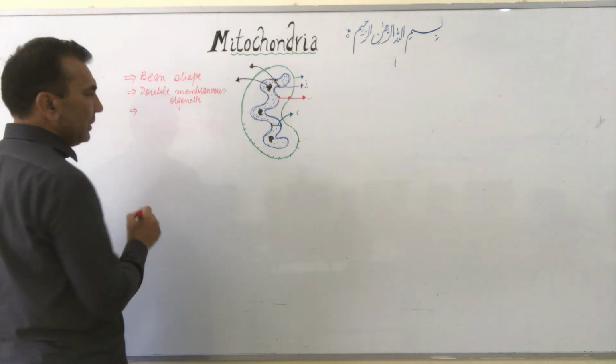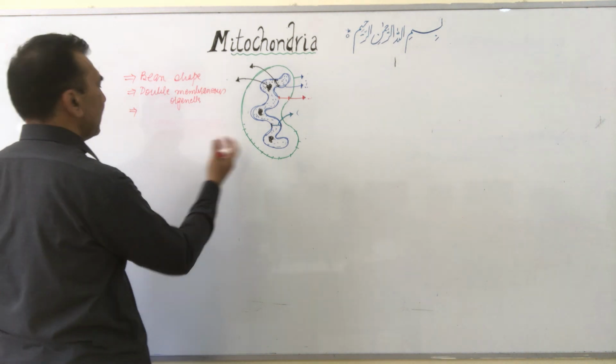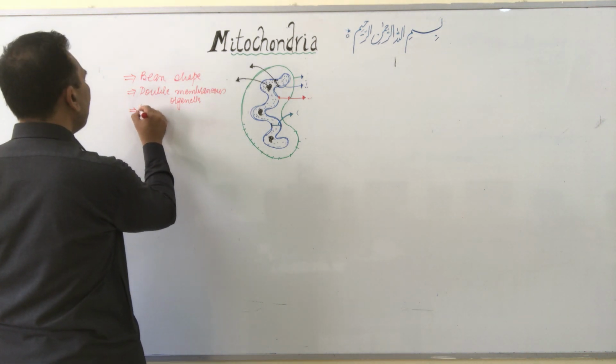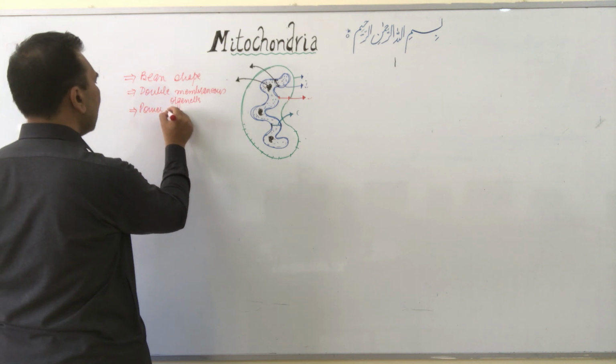And the third property of the mitochondria is that it is called the powerhouse of the cell.